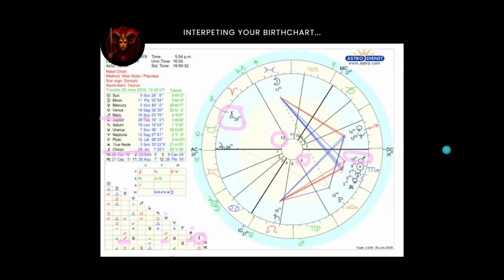Now if I just show you one more example, this one is showing 29 degrees of Aries, also retrograde, and this time in the 12th house. Okay, 12th house. When we look at where the planetary ruler Mars is, we can see it's here in the 6th house, in Scorpio.